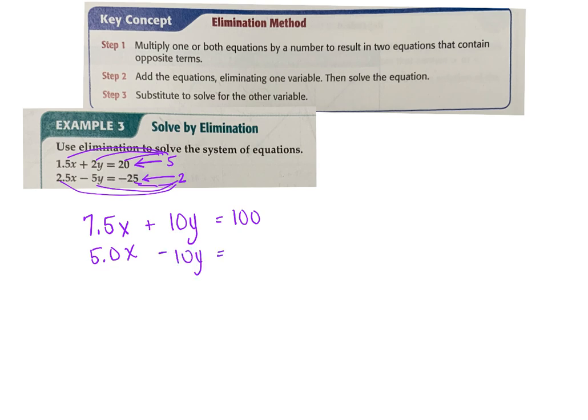And then 2 times negative 25 is negative 50. All right. So my whole goal with elimination is to make one variable the exact number just opposite of each other. Positive 10, negative 10. All right. And then when I do that, I'm just going to add straight down. 7.5 plus 5 is 12.5. Positive 10 and negative 10, those cancel each other out. And then 100 plus negative 50 is 50.